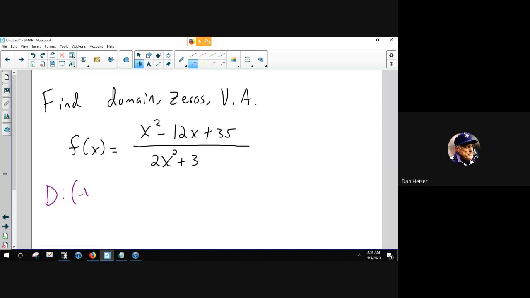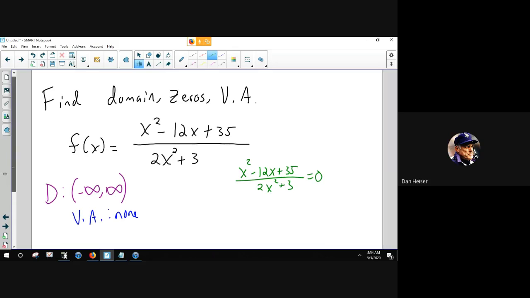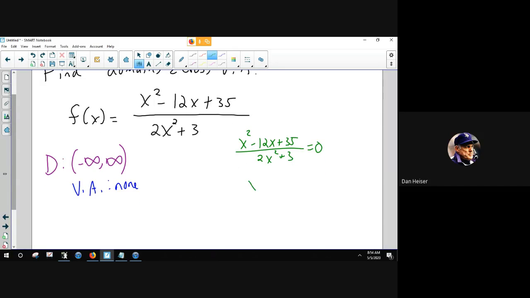So the domain is like so. No vertical asymptotes. Find the zeros. Set the function equal to 0. We know how to deal with rational functions, solving rational equations.